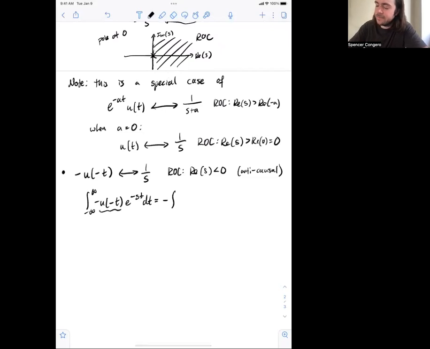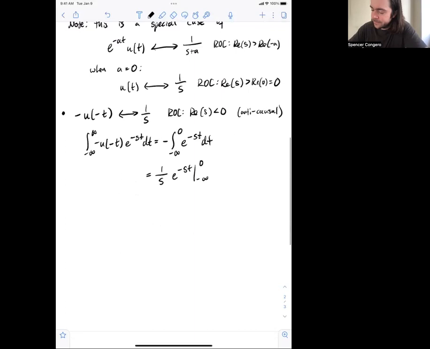And this unit step function is now going to be 0 whenever t is positive, so I might as well just integrate when t is negative, because otherwise the thing I'm integrating is just 0. Now I'm going to get 1 over s, right? These negatives are going to cancel. e to the negative st from negative infinity to 0.